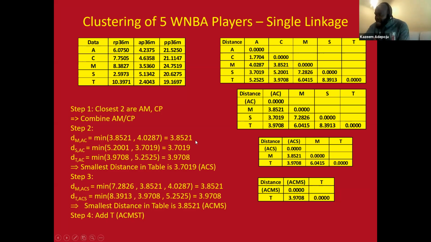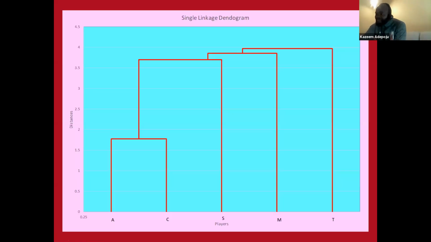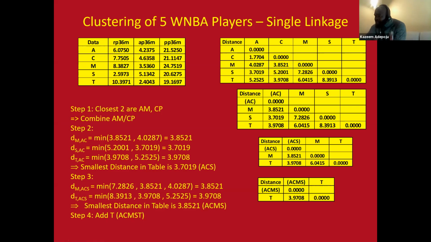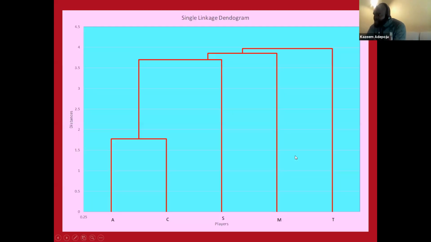And you saw that it's still 3 point something. Can you see that now? And the last one that we match, ACMS, of course, was 3.5821. Now this is the dendrogram.